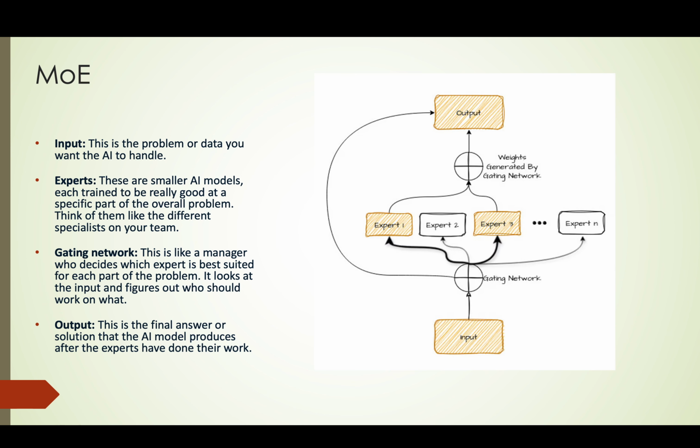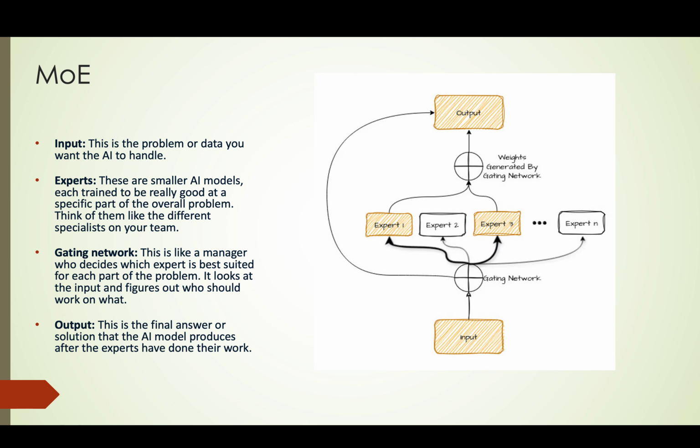How is the typical flow of information as part of this MoE, mixture of experts? Input is provided. This is the problem or data I want the AI to handle. Experts are the smaller AI modules, each trained to be really good at a specific part of the overall problem.